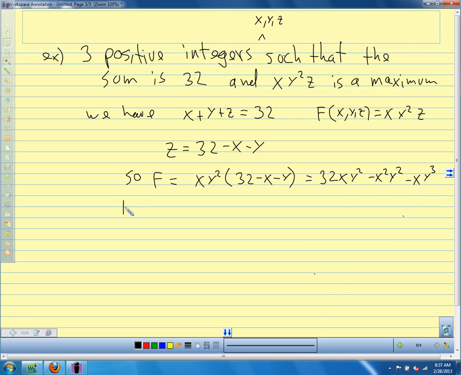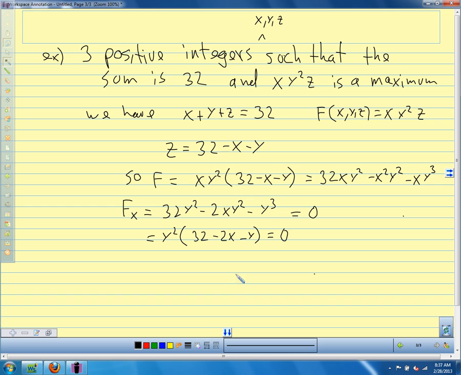So our partial derivative with respect to x, f sub x, is going to be what? Minus y cubed. And we want that equal to 0. We're going to try to make this easy on ourselves. We'll factor out a y squared. So we get y squared times 32 minus 2x minus y equals 0.